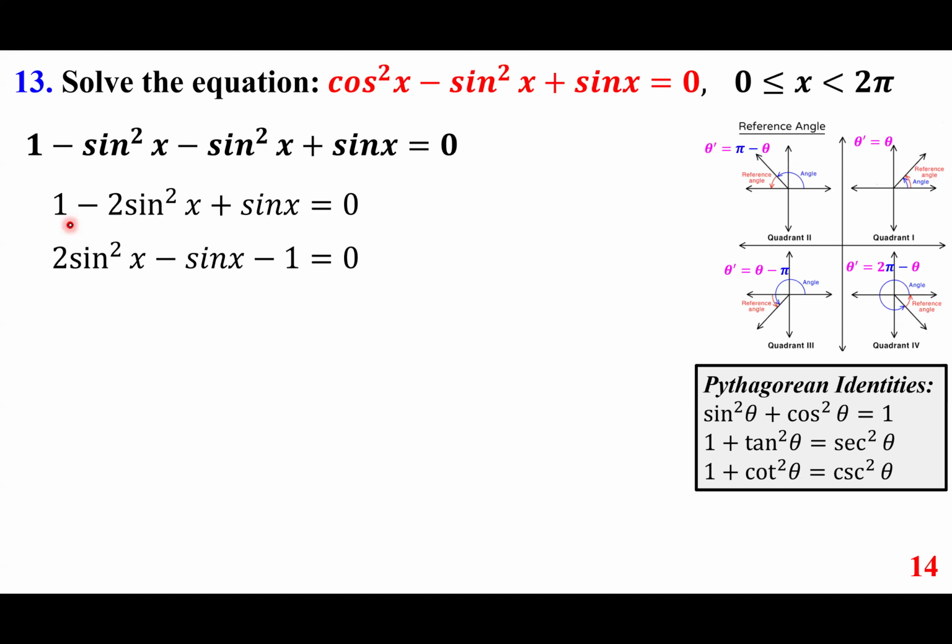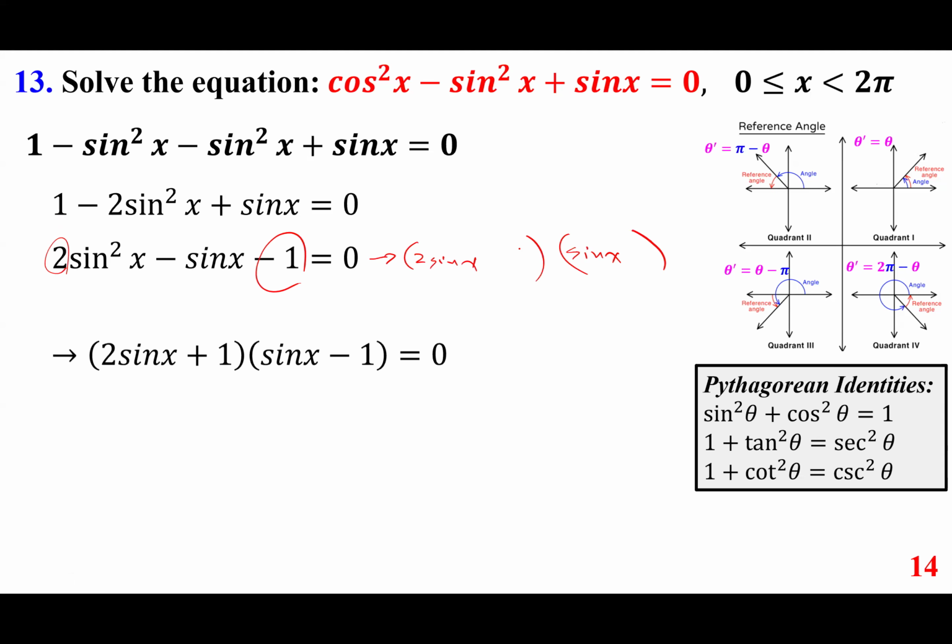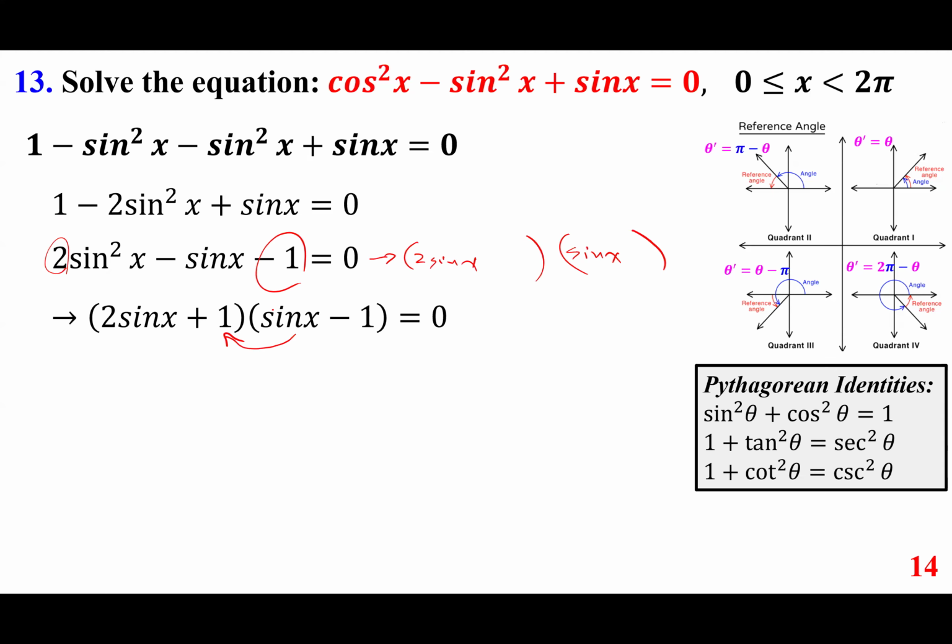And the reason I do that is because I want you to be clear as to how we factor this. Clearly, this is a prime number, so you need 2 sine x and sine x. And then this is -1, so it's just 1 and -1. You have to put it in a format that the middle term works. So when you put +1 -1, notice this is sine, this is -2 sine, they must add up to negative sine.